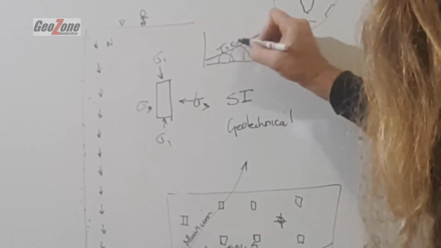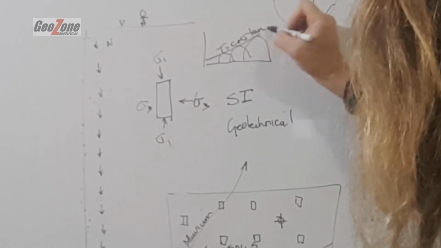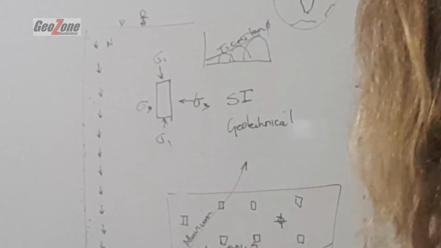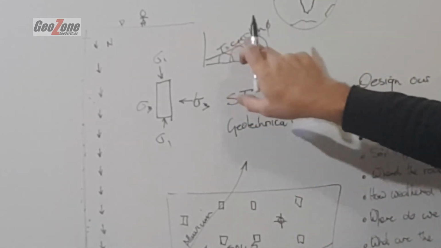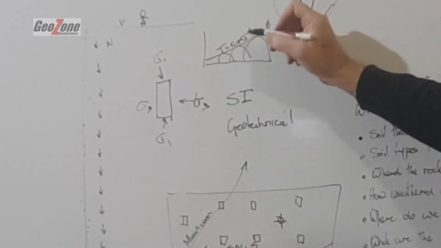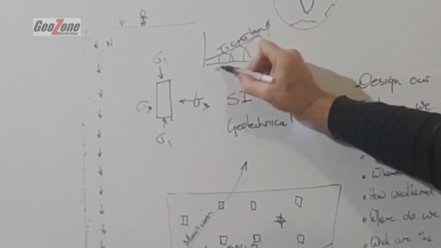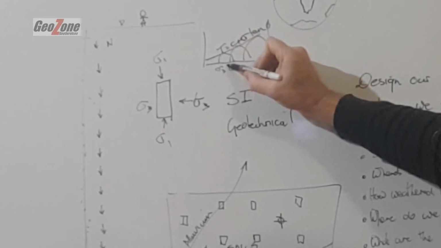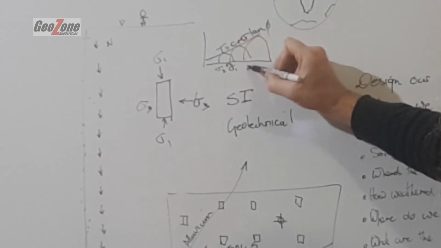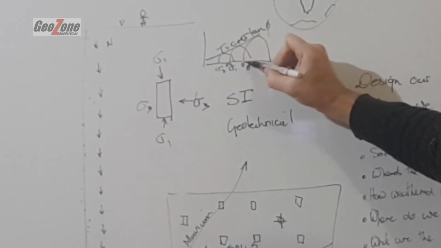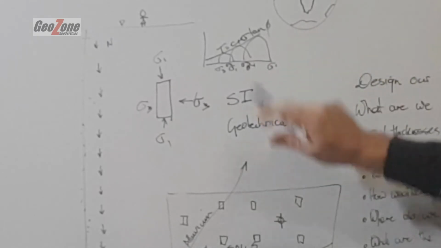Tau equals c plus sigma tan phi. Shear strength parameters: cohesion and the friction angle, and of course sigma is the load. Sigma 3, sigma 1, sigma 3, sigma 1. That's undrained.